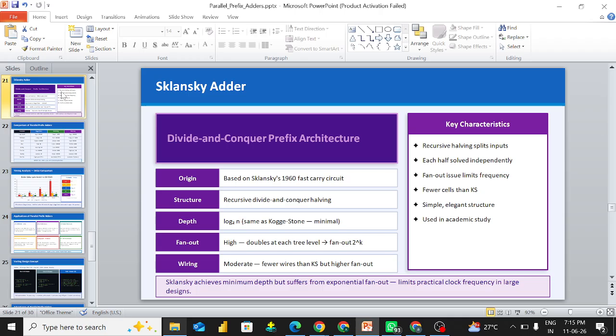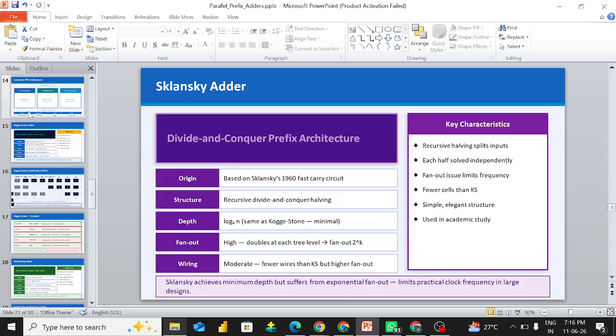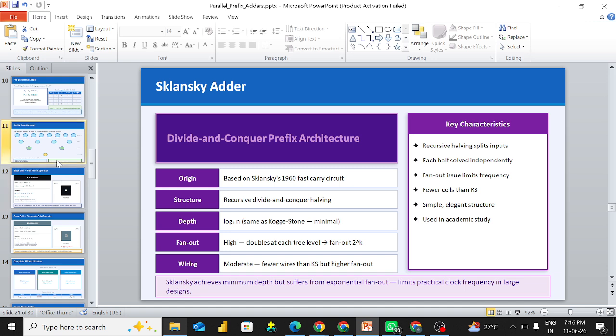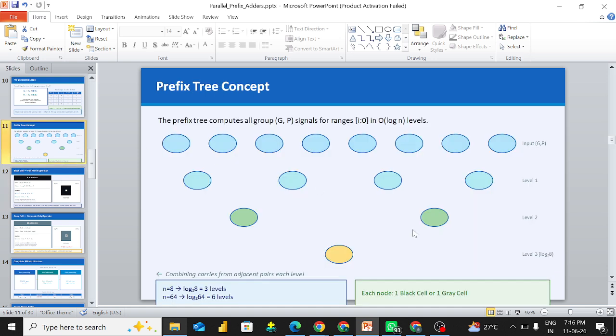What is meant by fan out? Like, how does this fan out work? Just think you are at the highest level. What is the highest level here?